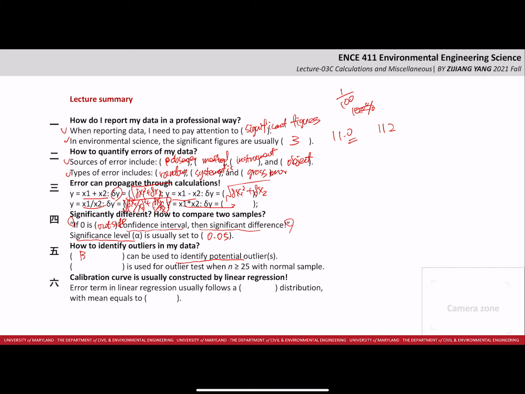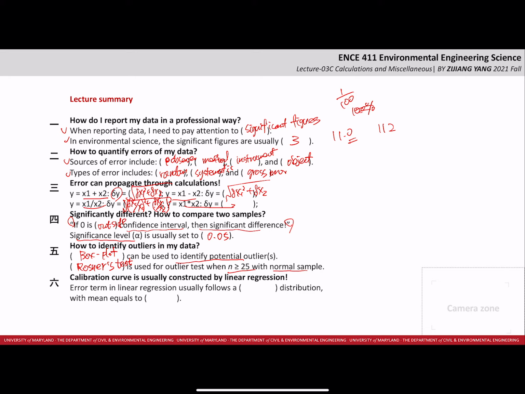Yeah, box plots. And what is usually used for an outlier test when n is greater than 25 with a normally distributed sample? I just showed it once, so I'm not sure if you guys remember. This is the Grubbs test.